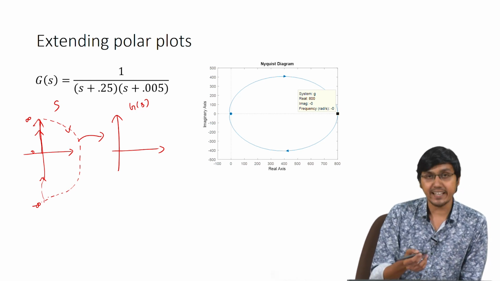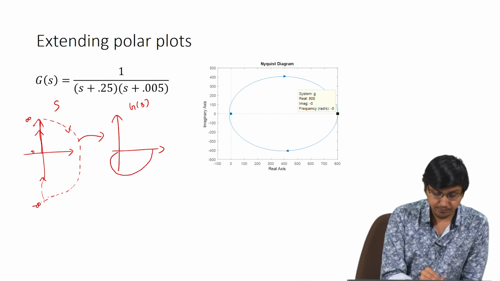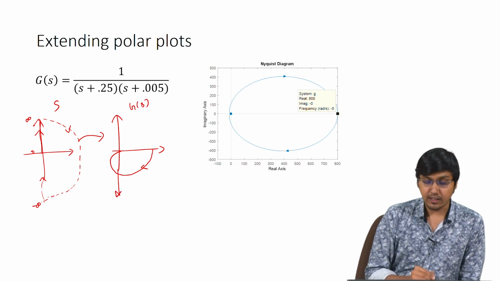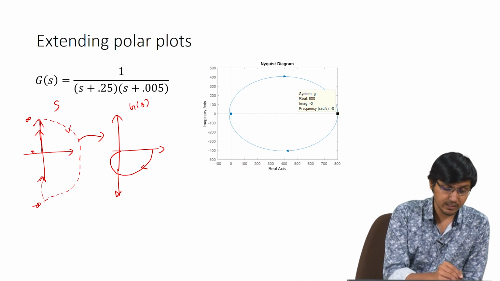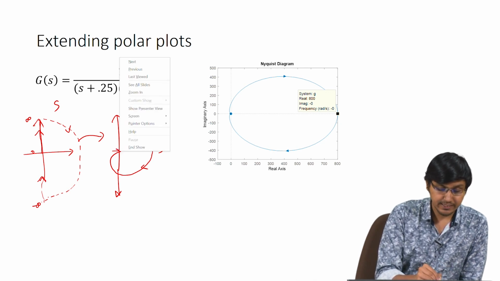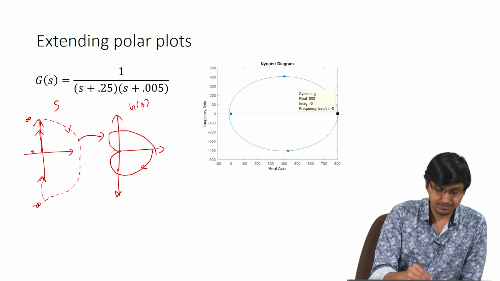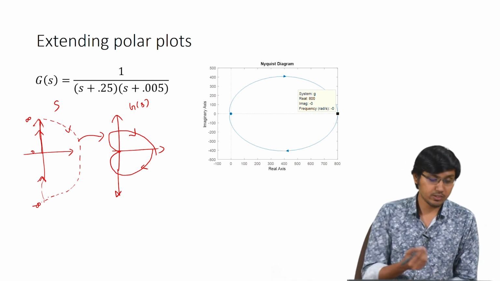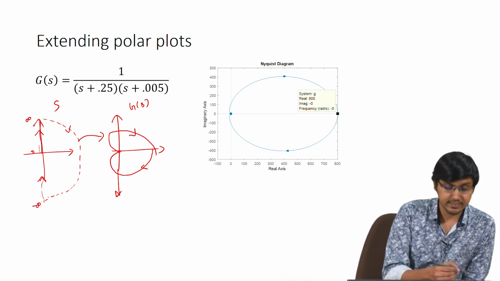What basically happens in the G of S figure is that for the completion of this, this becomes the mirror image of that. So you can intuitively feel that this line is for omega changing from 0 to infinity, and this is for omega changing from minus infinity to 0.